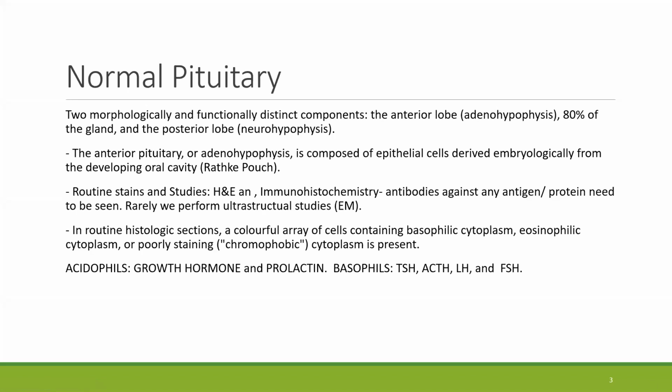Routine stains: just remember that we use many stains to figure out the pituitary gland. We regularly use the hematoxylin and eosin stain. And many times in pituitary gland neoplastic processes, we use other stains like immunohistochemistry, which is a kind of antibody against some antigen.